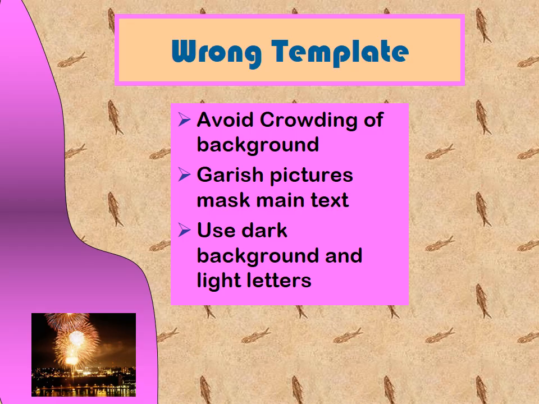I'm not saying we do this, but it must be very sedate. You cannot have garish pictures, and if you have text in the middle, people will be more interested in the picture rather than your text, and the text is what you want them to read. There must be a good contrast between the background and the letters. If you have a dark background, have light letters, and vice versa.